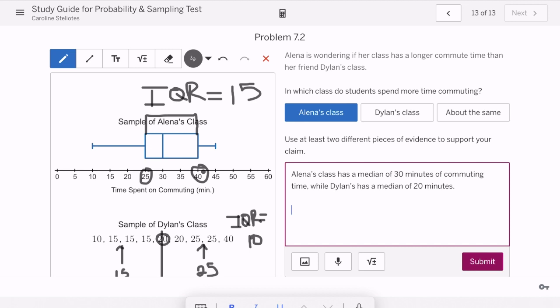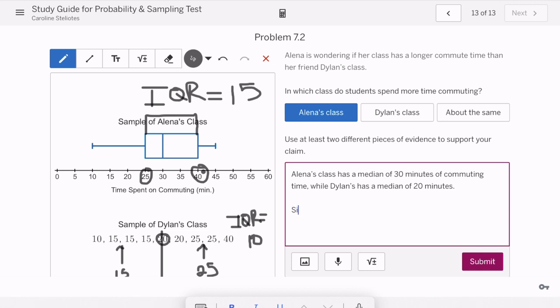The only way that the IQR would really go against the median here is if the medians were really close to each other, within 1 or 2 points. But say Dylan's IQR was 30 and Alina's IQR was 4, then we might make a different decision, because Dylan's data might be really spread out and more variable so that it was hard to tell, and with Alina's we'd have more confidence because the data is really close together.